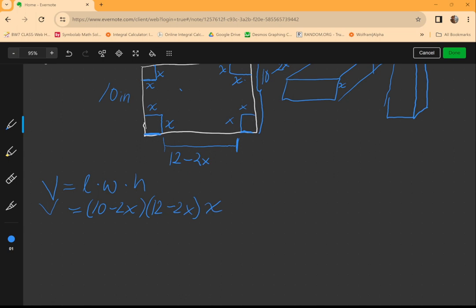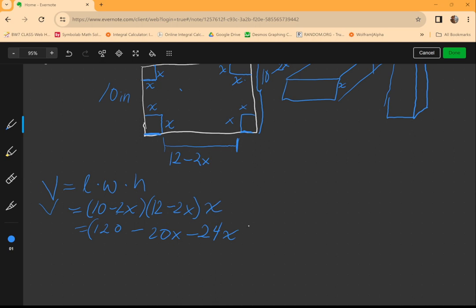So if we simplify, what do we get? 10 times 12 is 120. 10 times negative 2x is negative 20x. Negative 2x times 12 is negative 24x.